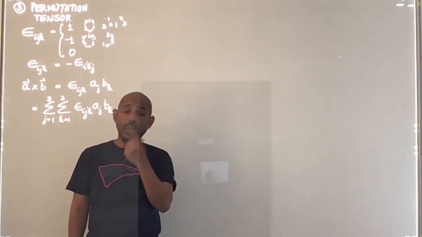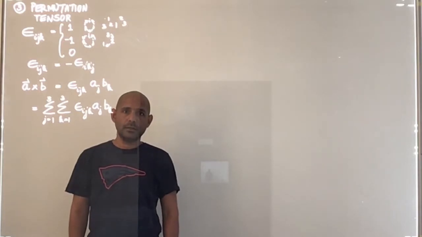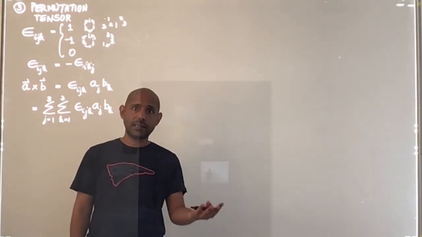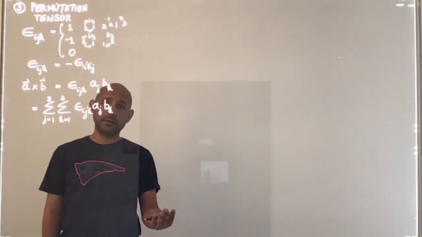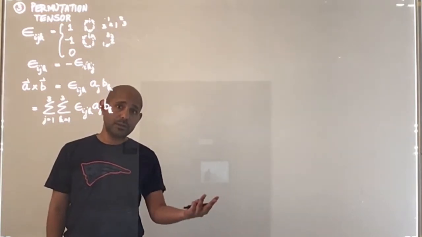Why? Because A cross B gives you a vector that's perpendicular to A and B, right? A dot B gives you a scalar. A cross B gives you a vector, which means it has 3 components.